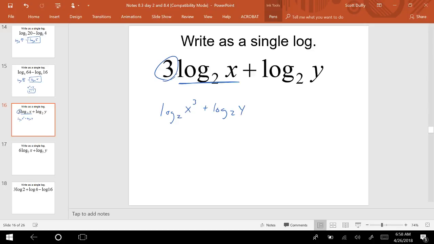Now that I turn this into an exponent, what I'm going to do is realize I have log base 2, and it's an addition. So what we can do is when it's addition with the same base, that's 2 right there, not a z, you multiply those values. So x to the third times y is multiplied.